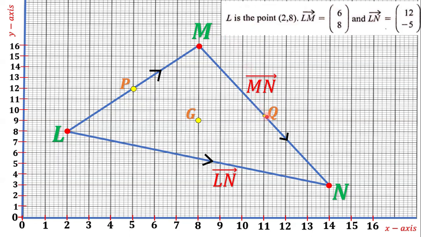Now, I figured out that Q is right here. This is the point Q. Let me give you the exact coordinates. It's going to be 11, and on the y-axis it's 9.5.